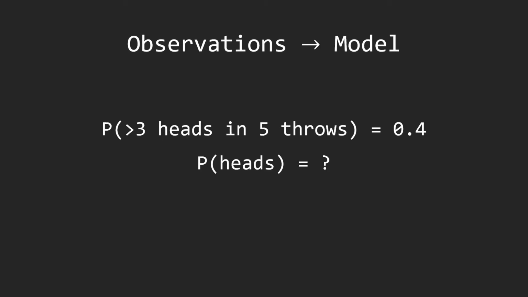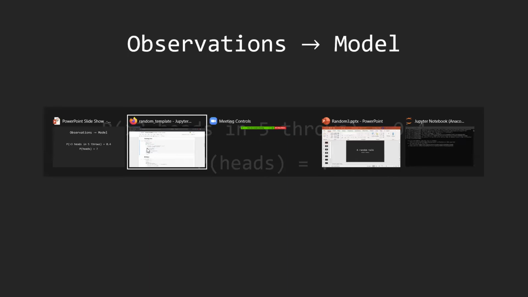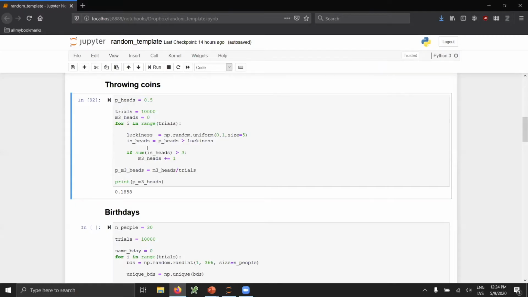And in this instance, we have an observation, an experiment that we did in real life, and we want to update the model. What is the probability? So we're sort of working backwards. And this is also easily done using Monte Carlo simulations. So we can, again, go back to our notebook.